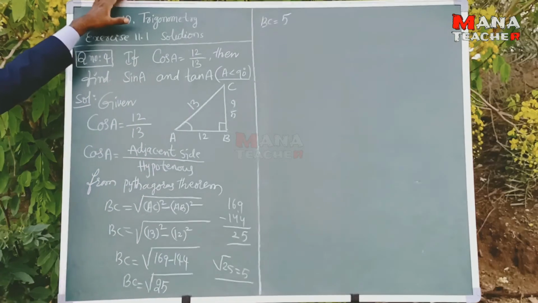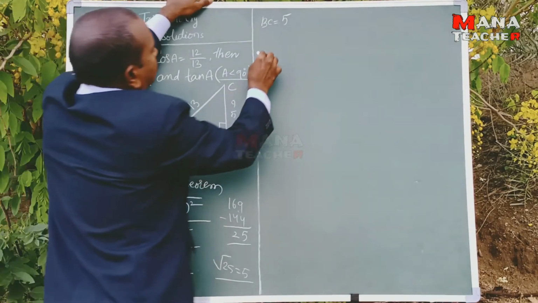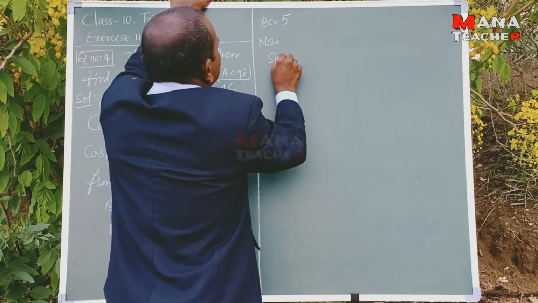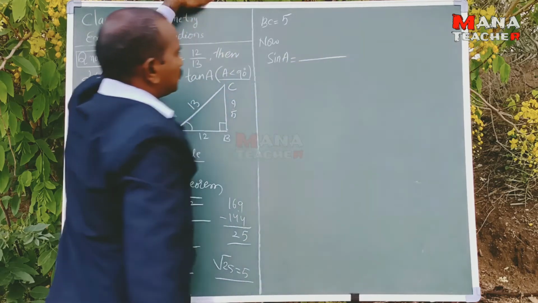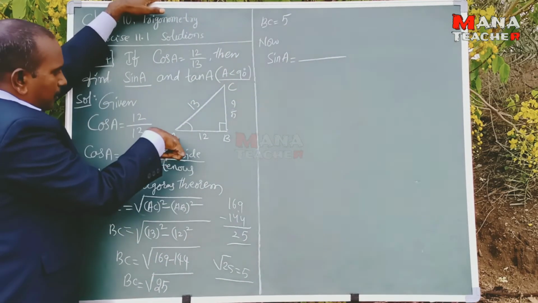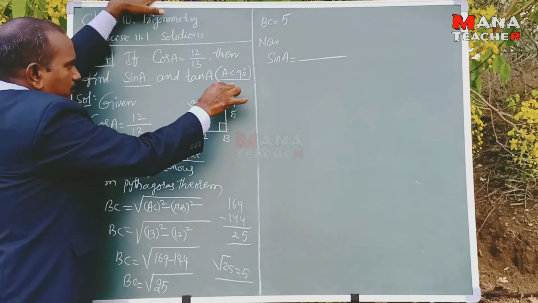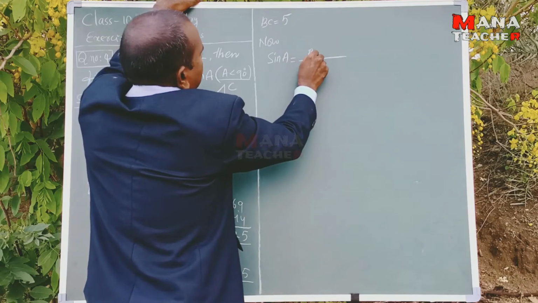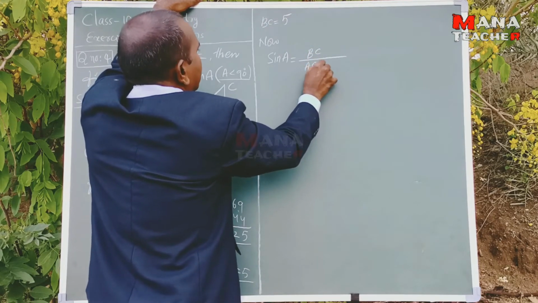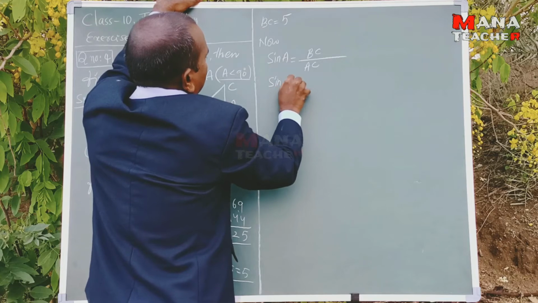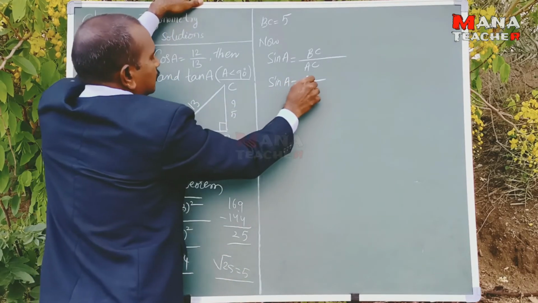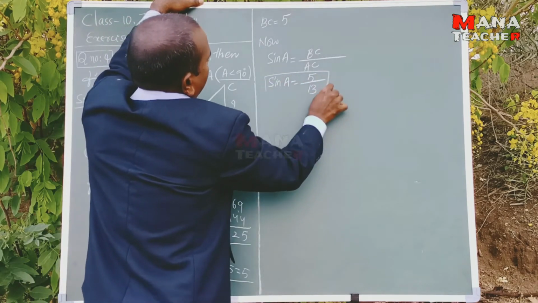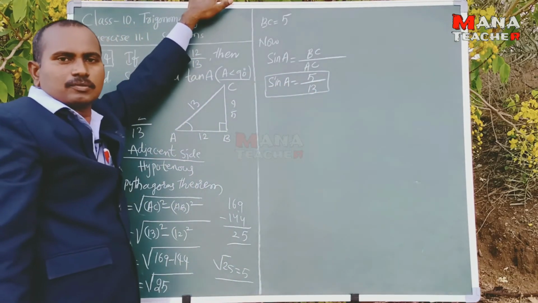Now from the question, sin A equals opposite BC by hypotenuse AC. So that equals BC means 5, AC means 13. So sin A equals 5 by 13.